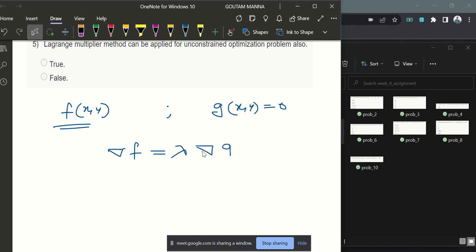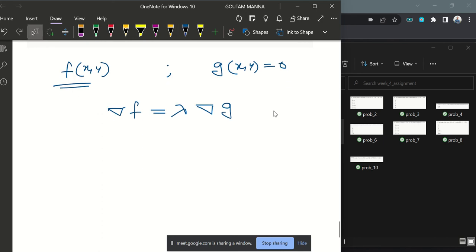You basically put the two functions together. So you formulate a function that is f of xy plus or minus lambda times g of xy.